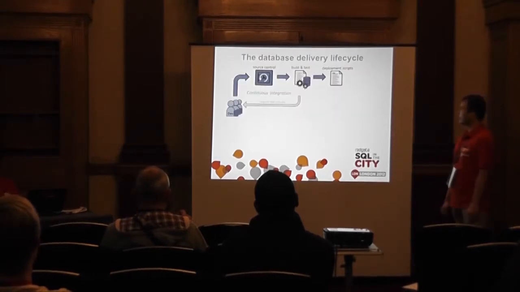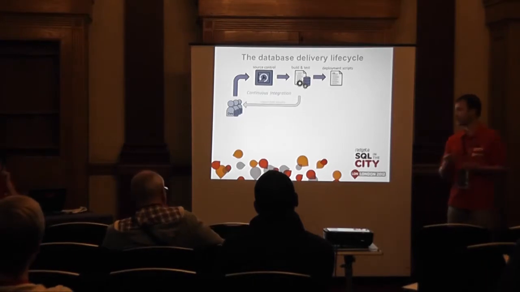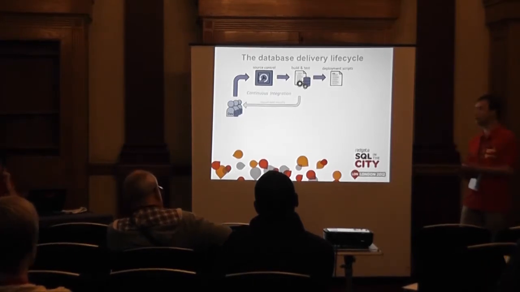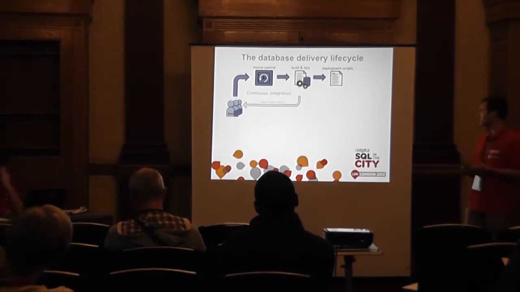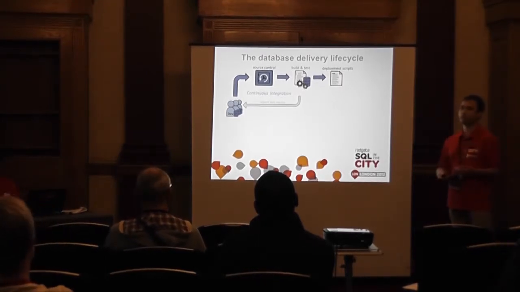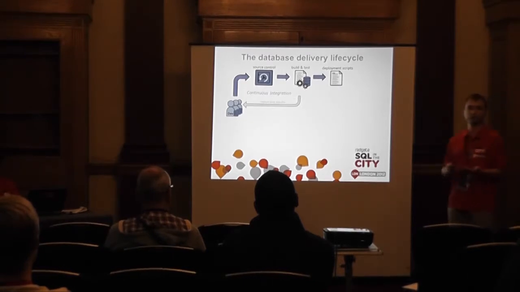So this is the database delivery lifecycle, at least the continuous integration portion as we see it. We have a team of developers, they make changes, they commit those changes to source control, and that will trigger some sort of build process. And if the build fails, or even if it passes, you get instant notification back to development, so they can either rectify it or they have confidence to tell testers they can take a good build.